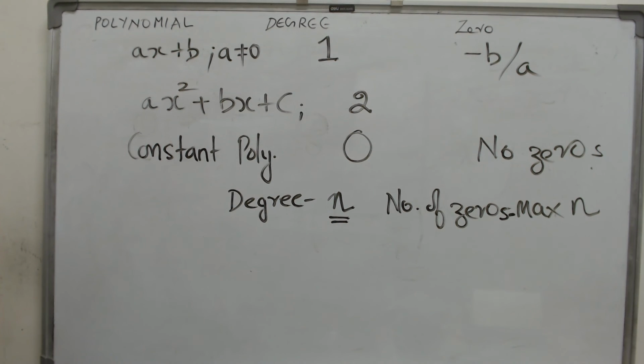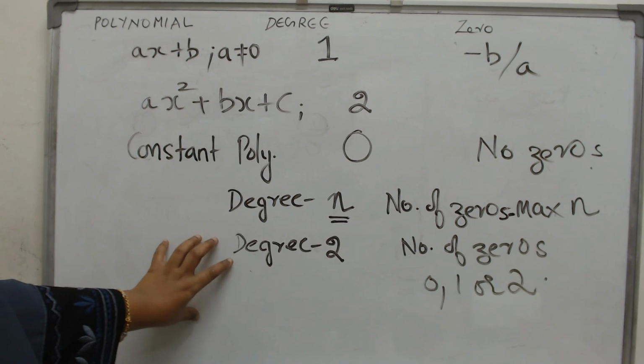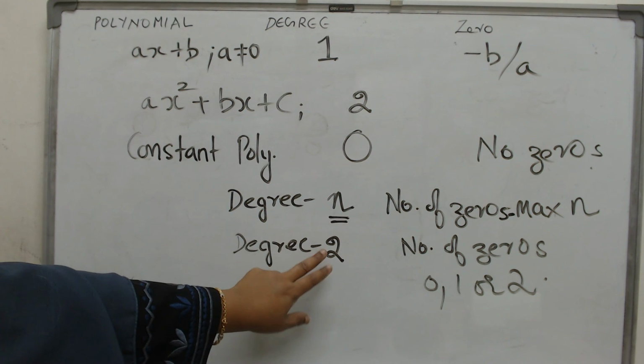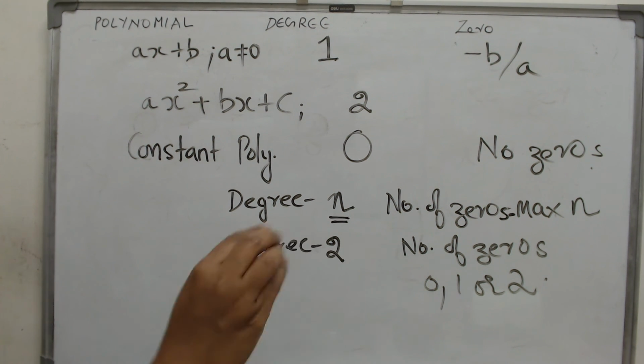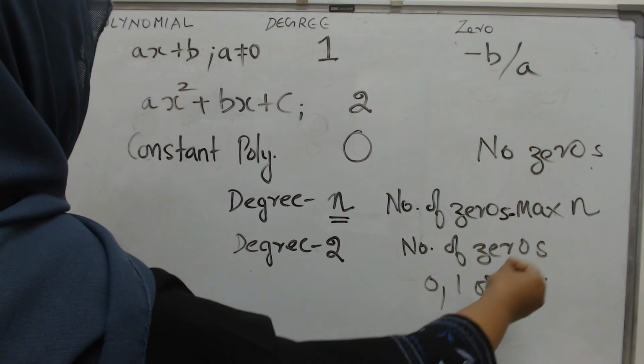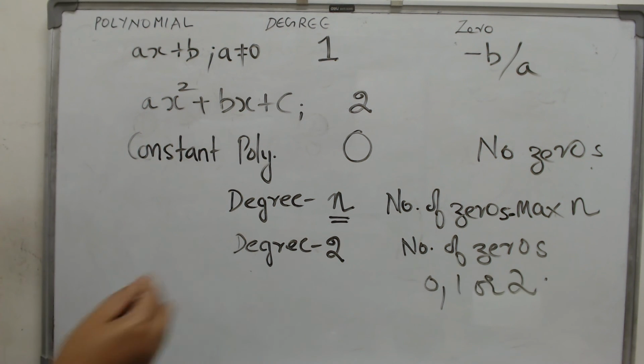What do you mean by maximum n? For example, if your degree is 2, then you can have maximum 2 zeros. That means you can have 0 or 1 or 2. Then what can you not have? You cannot have 3 zeros, 4 zeros, 5 zeros. Your maximum number should be 2 zeros. You may have exactly 2, or you will have less than 2.